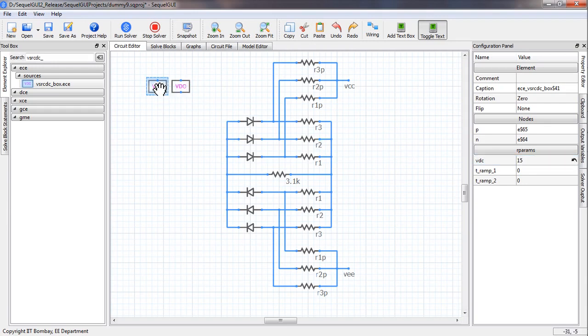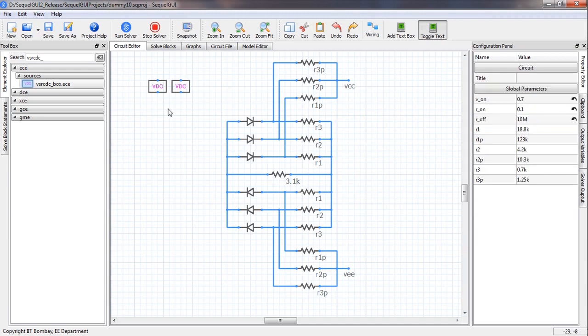Alright, now this one, let us say, is our VCC source. So its plus terminal would be VCC and the minus terminal would be 0. And we will make sure later that 0 is indeed our ground node. For the other source, the plus terminal should be 0 and the minus terminal should be VEE. Let us display the node names.